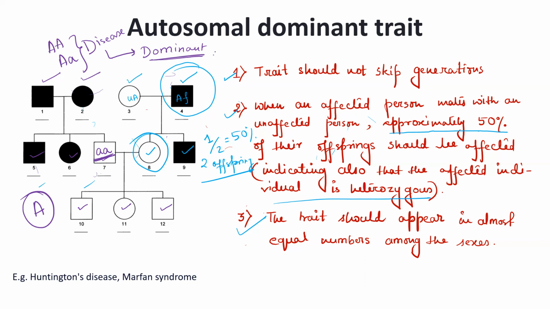Clear? Some important examples of autosomal dominant traits, autosomal dominant diseases: Huntington's disease, then Marfan syndrome. Another important one is brachydactyly.